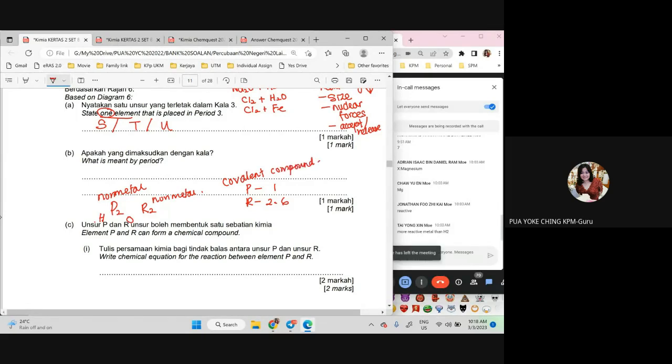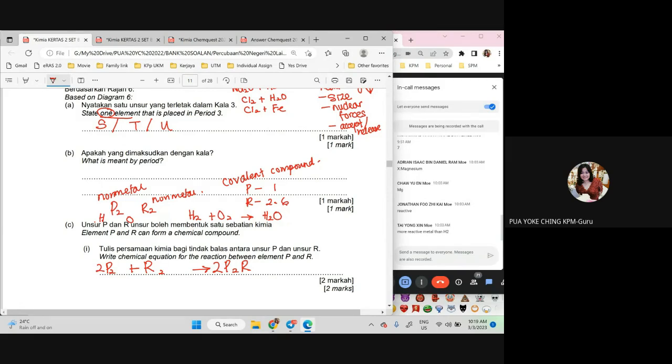So R needs 2 more, P needs 1 more electron. So the formula we will have is P2R. So P2 plus R2, we will get P2R. So actually kalau you buat H2 plus O2 is easier. You know you will get H2O. So balance equation 2.